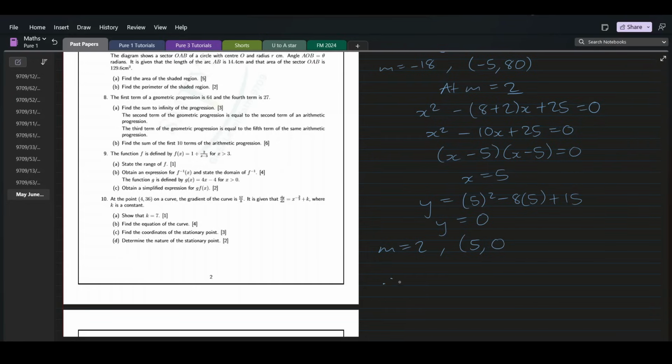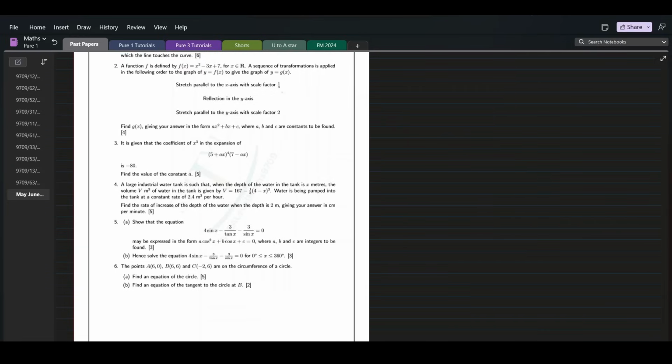So we can conclude that for number 1, we have m is equal to negative 18, or m is equal to 2. And in terms of coordinates, we have negative 5, 80, and we have 5, 0. And this would be our final answer for number 1.